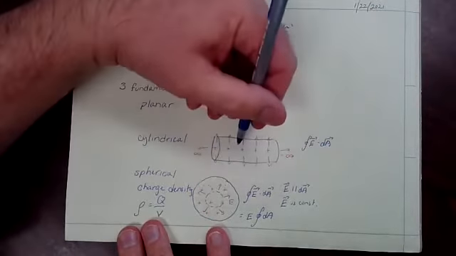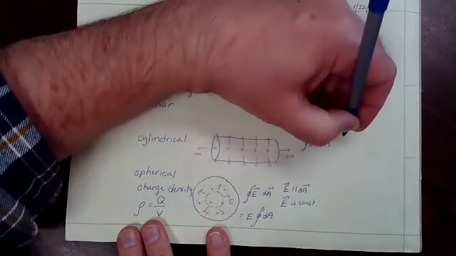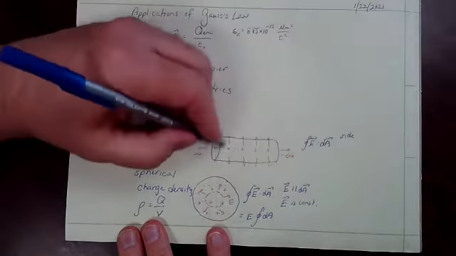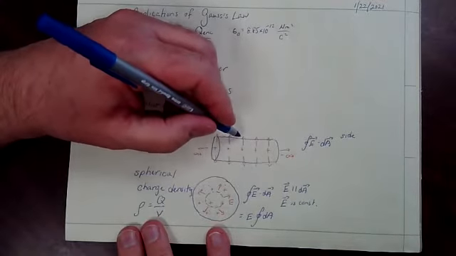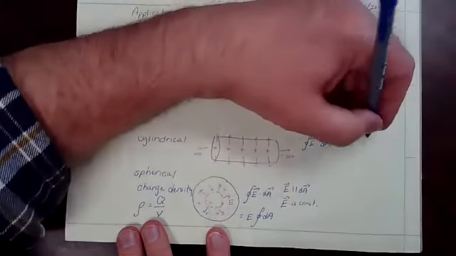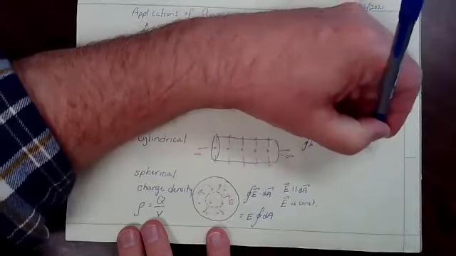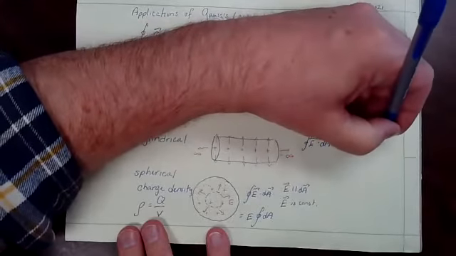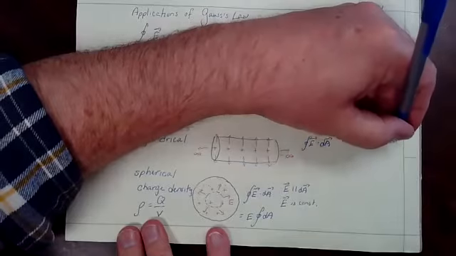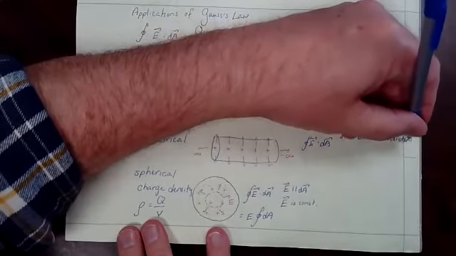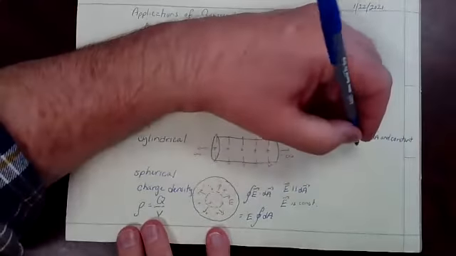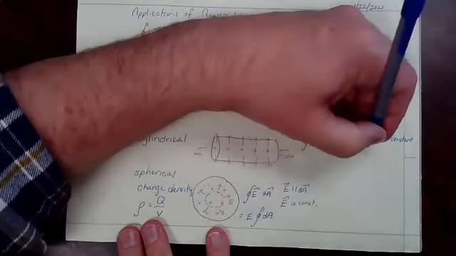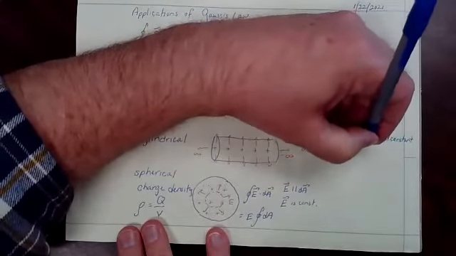same thing. On the sides, E is parallel to dA and constant. So we'll just have E, the electric field, times the surface integral over the side of the cylinder.